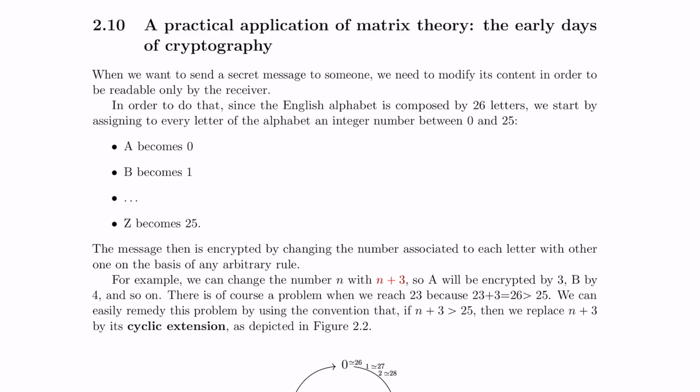Even one of the easiest encryption algorithms, for example, adding a constant to the integer number associated to a letter, for example, 3, shows that we have to face a problem. The problem starts when we arrive to the number 23. In fact, if we sum 3 to 23, we get 26, which is strictly larger than 25, and so we are outside the range 0-25. The classical solution to remedy this problem is called cyclic extension and is depicted in this diagram here.